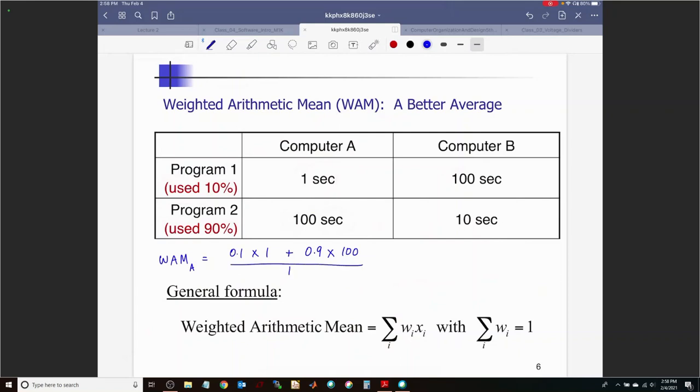That's just 1. That would be 90.1. So the weighted arithmetic mean for computer A is 90.1 seconds.